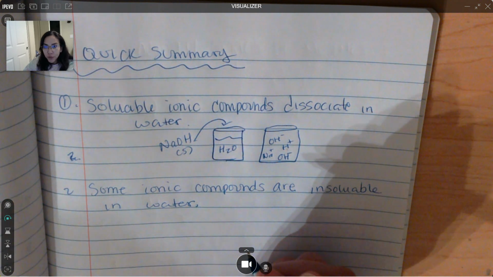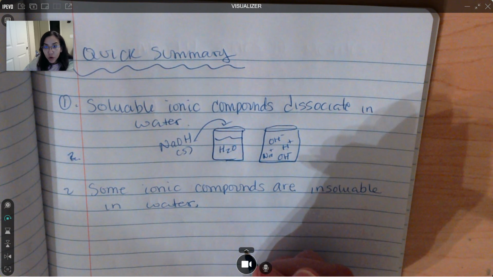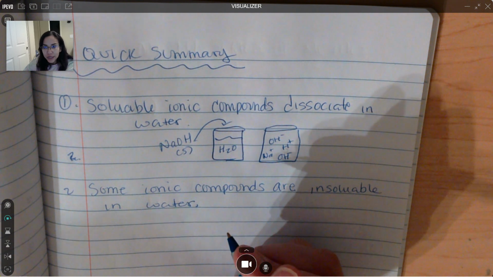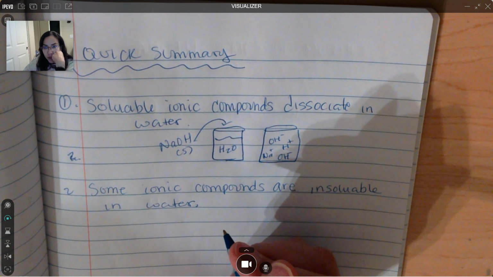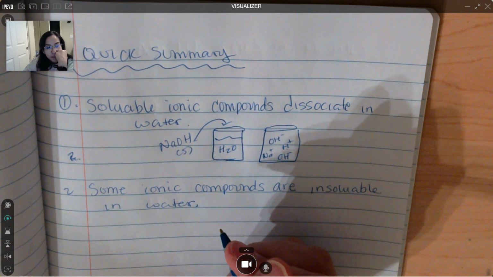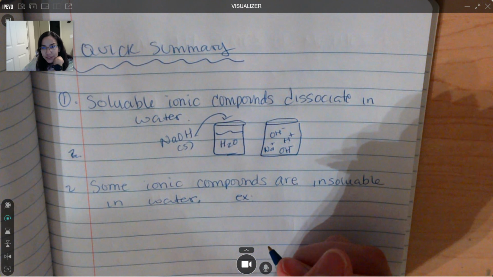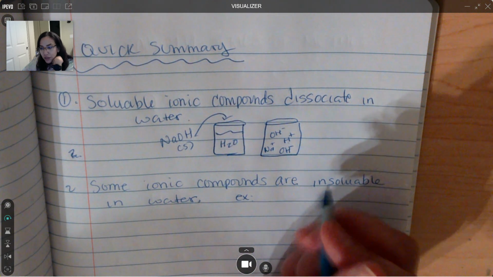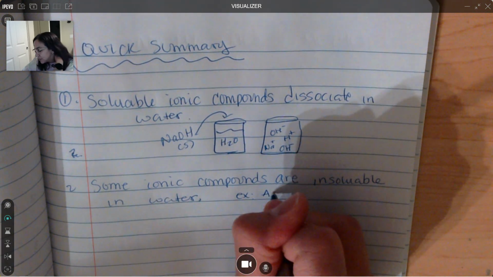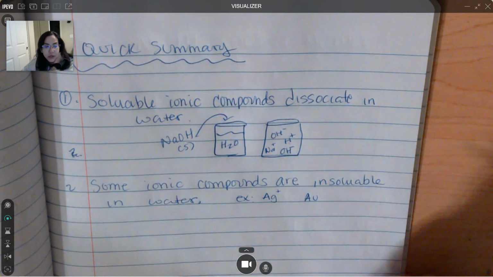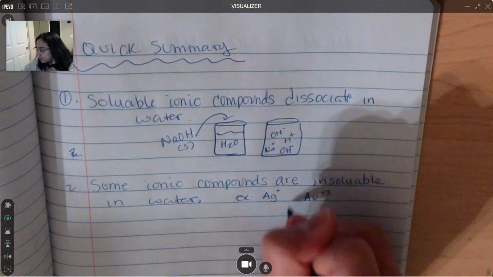Like for example, the other one we had, the chromium chloride. It was aqueous, but the chromium by itself, solid, was not soluble in water anymore. Even thinking about that reactivity series, our precious metals are usually not soluble in water, even in their ionic forms. So silver, for example, or gold, also won't be completely soluble.